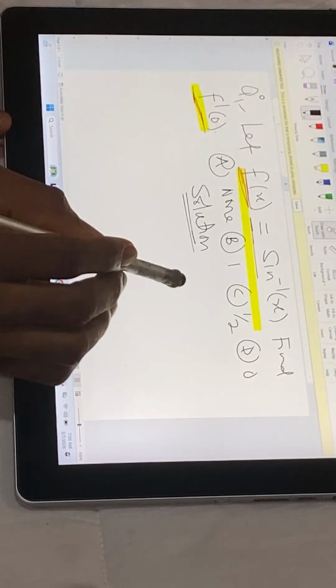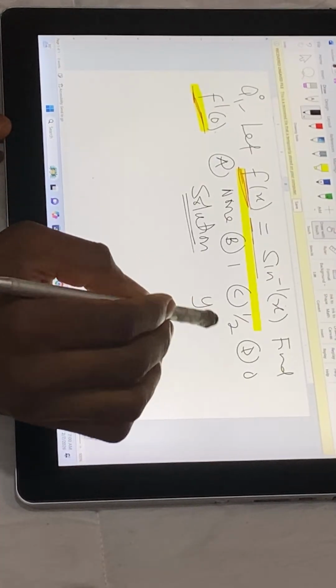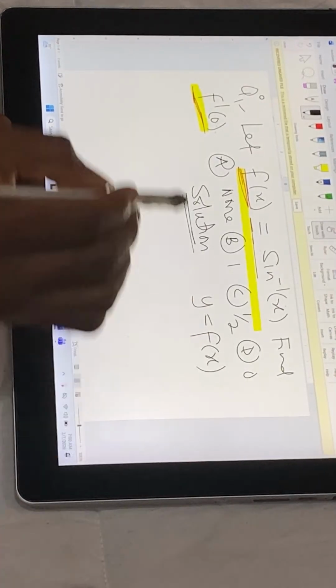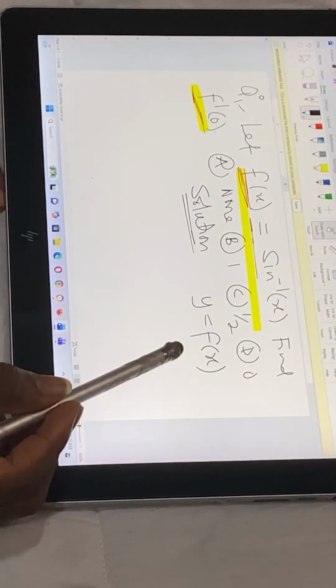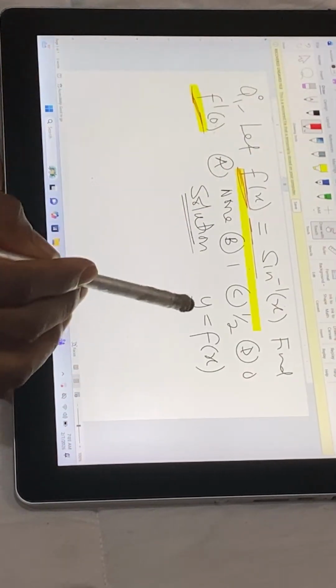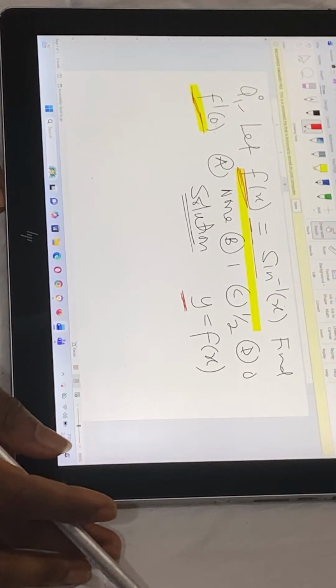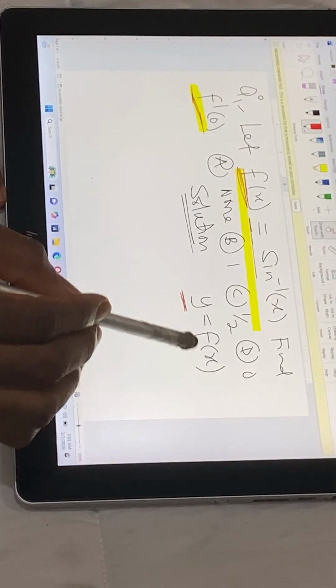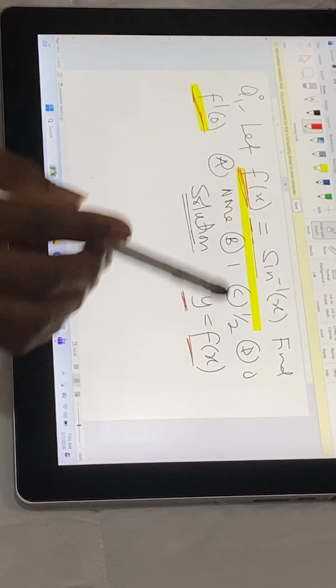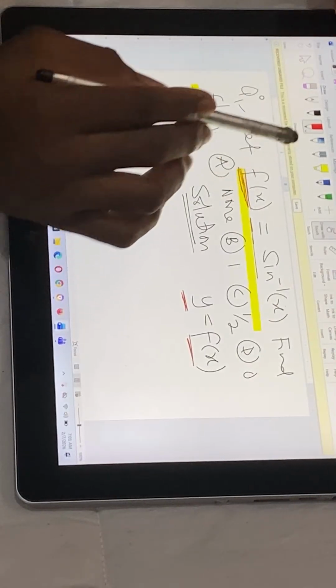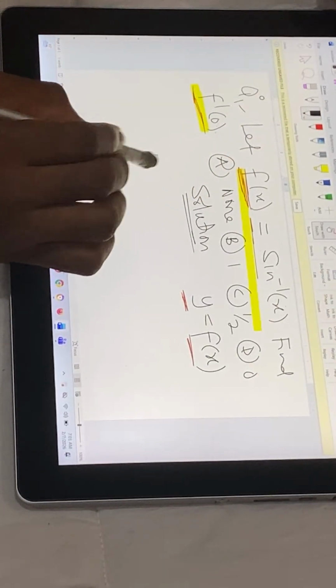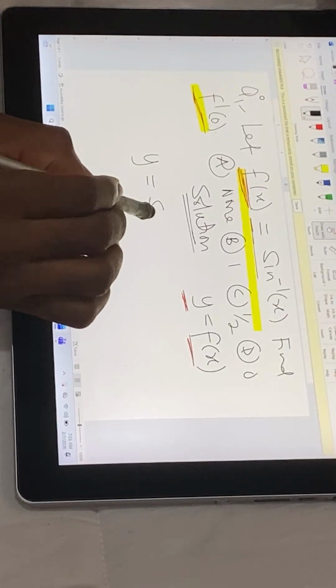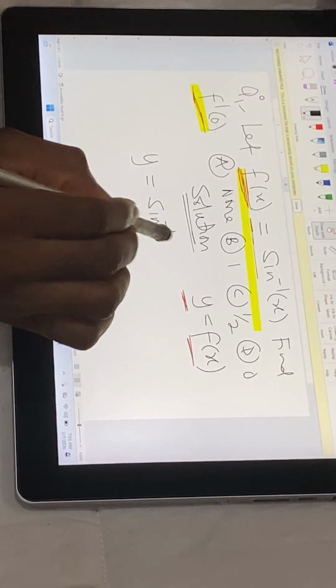Writing a function as a letter is the same as y equal to f of s. Remember, if I want to write a function as a letter, the letter there is y. If I want to write a letter as a function, it is going to be f of s. Please take note. So now this is going to be y is equal to sine inverse of s.